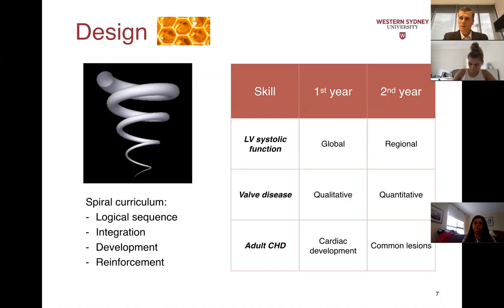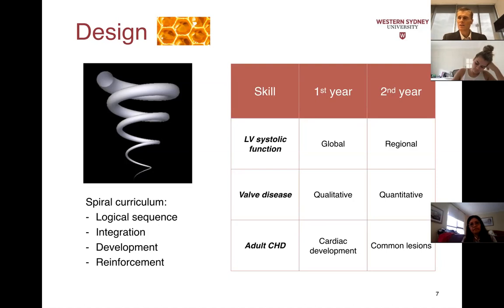For example, one of the key skills that you're going to want to develop is to be able to acquire images and measure them so that you can give an indication about a patient's left ventricular systolic function. So in the first year of the course, we'll be looking at how to acquire images and measurements so that you can give what's called a global analysis. Okay, so you can tell generally what's happening.